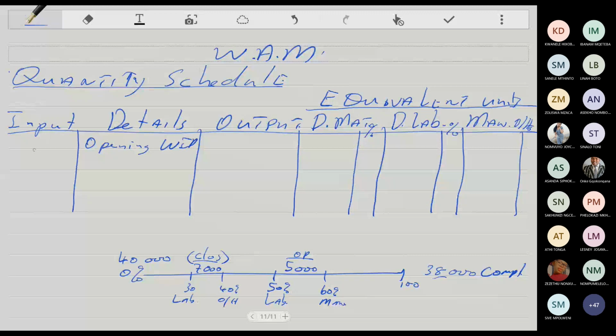Make sure you put that on the input side, that 5,000 units. Then units introduced in the production. Go to your production line and look at the units that you have at 0%. Then it is 40,000.